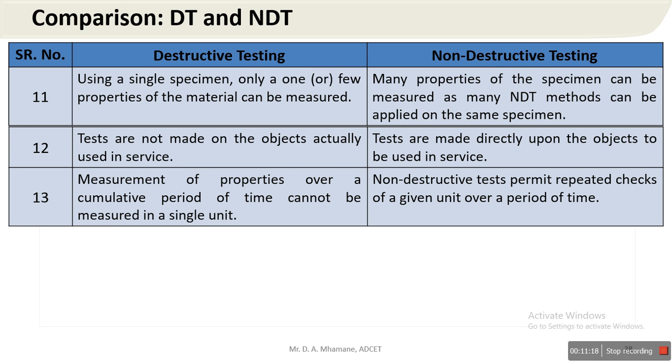Means as time passes, material loses its property, or there may be a change in the property as time passes. Suppose one pinion is used and that pinion performs for a week, for a month, for a year. Then after 1 month, what is the property of that pinion? After 2 months, what are the properties of that material? That we cannot check in destructive testing.